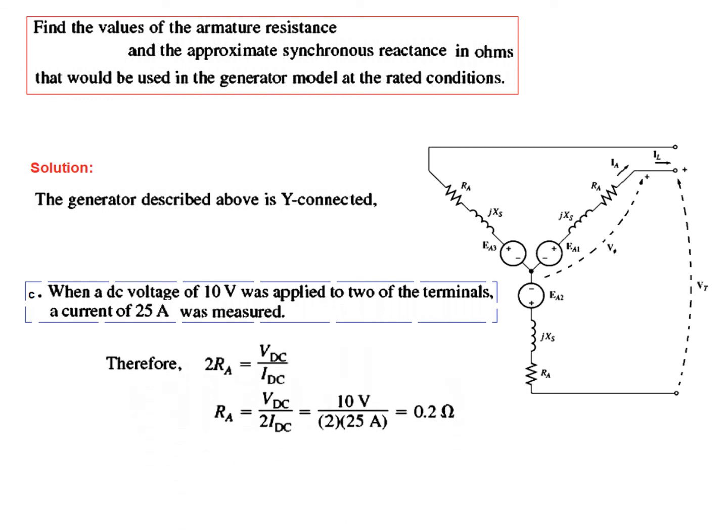We can say that V_DC divided by I_DC is the total resistance. In this circuit you can see there are two resistances, one is this resistance and one is this resistance. So we can write 2RA is equal to V_DC over I_DC, and therefore RA is V_DC over I_DC divided by 2. So RA comes to be 0.2 ohm. So this is the resistance part we have found out.